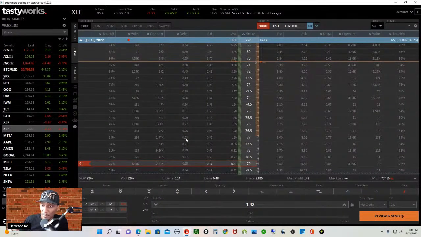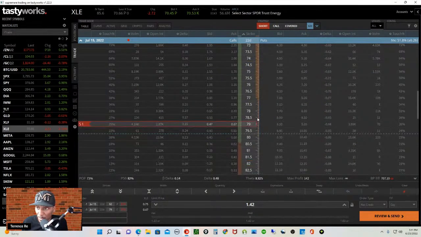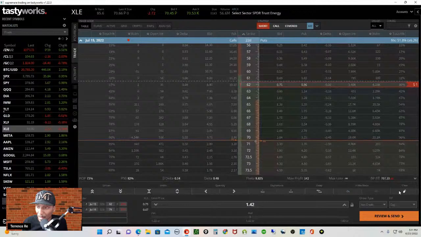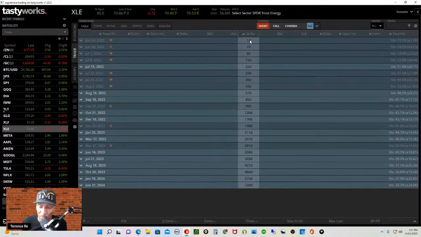So you're more susceptible to gamma risk, but the theta will also collapse faster as well. So you could come to the 22-day and do that and hold it for maybe no more than a week, maybe 10 days tops, and then I'd be trying to get out of that. But just remember, if you get a big move in the market, your positions, your deltas are going to change really quickly.